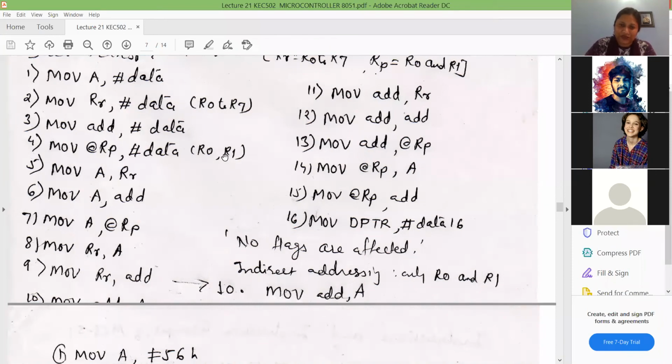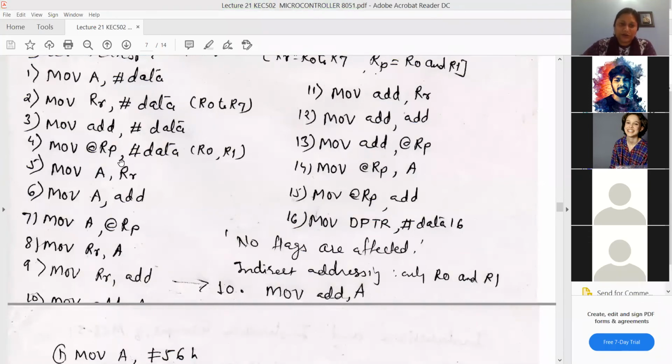Suppose R0 contains 30 hex, and I write the instruction move @R0 comma hash data, let's say 43 hex. Then this 43 hex immediate data will not go into R0, it will go into the 30 hex memory location. This is clear?